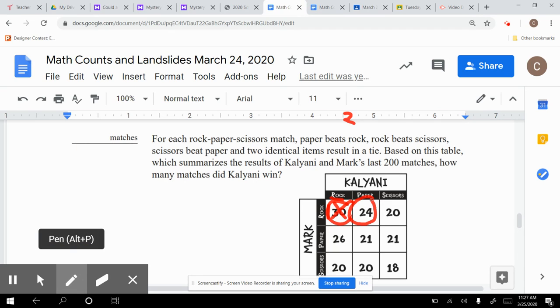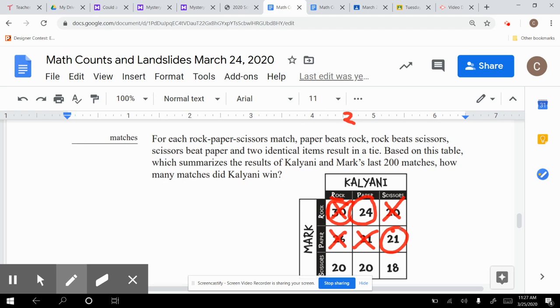Here, they played scissors and Mark played rock, which means that they did not win that one. Rock and paper, no, Mark beat that one too. Paper and paper, that would be a tie. Scissors and paper, well, scissors beats paper, so those are all wins.